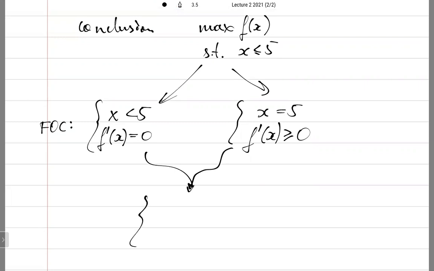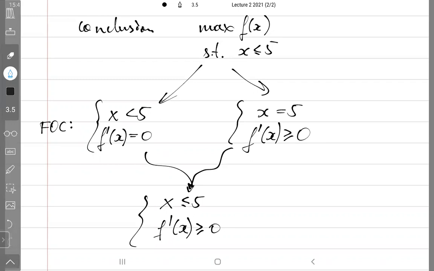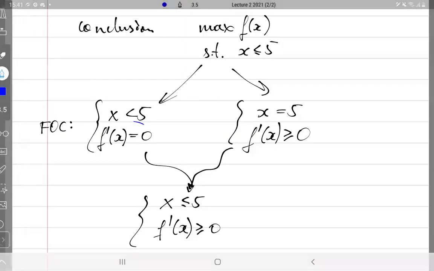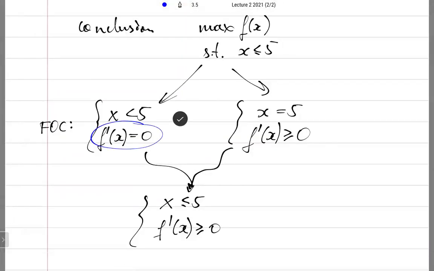So how can I make one system? First of all, x is less or equal than 5. f prime of x is non-negative, but either I have two conditions, either that should be equality.